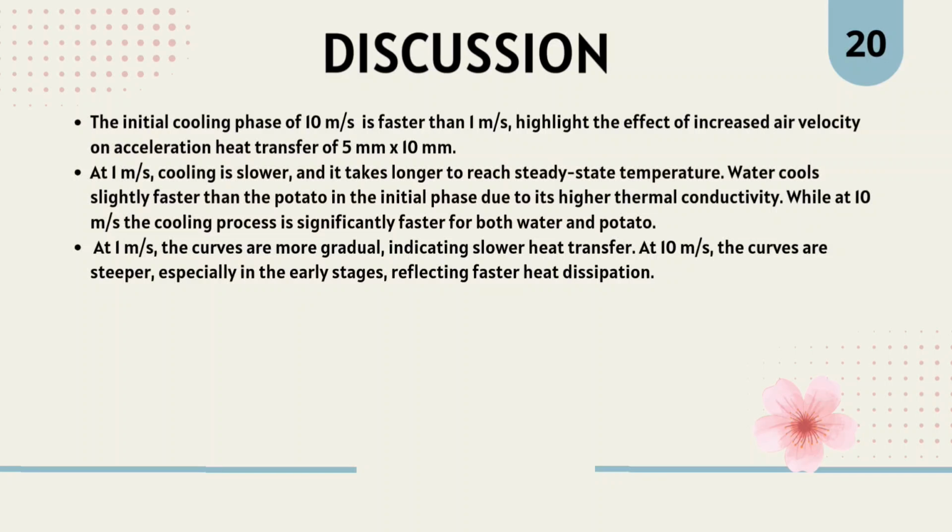While at 10 meters per second, the cooling process is significantly faster for both water and potato. At 1 meter per second, the curves are more gradual, indicating slower heat transfer. At 10 meters per second, the curves are steeper, especially in the early stage, reflecting faster heat dissipation.